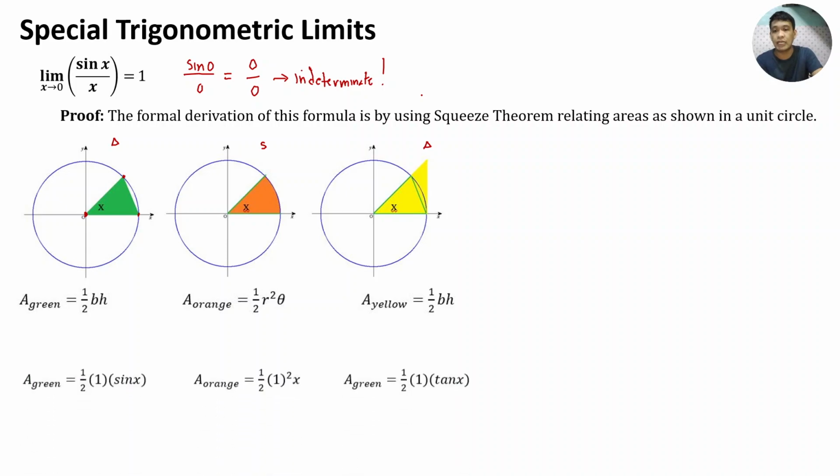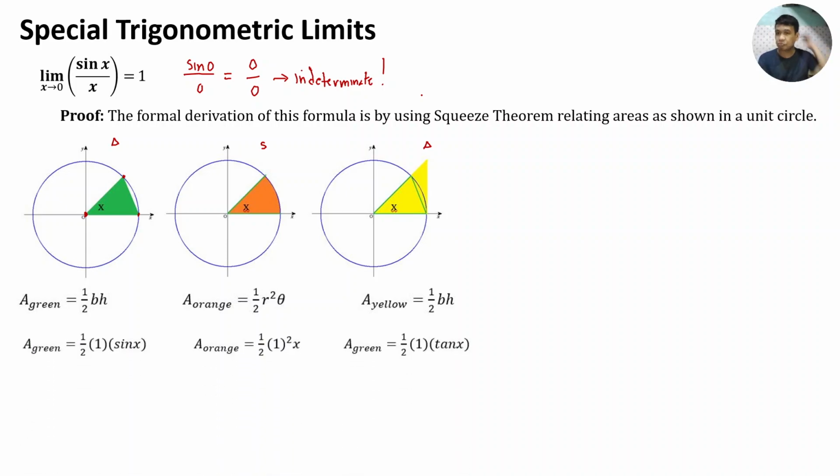So, punta tayo muna sa area ng green. Since this is a triangle, 1/2 base times the height. If I am going to draw from that point, perpendicular to the x-axis, makakakuha ako ng altitude which represents the height of this triangle. So, kung i-relate natin siya sa triangle, this represents the angle, this is the height, and this is 1.